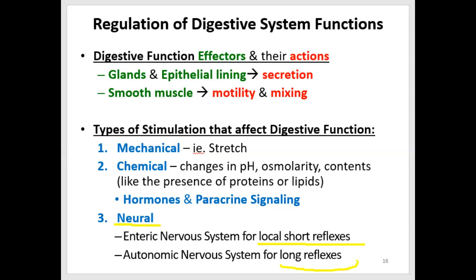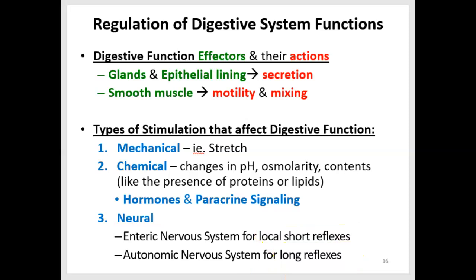The difference is whether or not the central nervous system will be involved. So a local reflex would be something is sensed in the digestive tract and the digestive tract responds on its own. A long reflex, which I'll talk about again, is first, of course, sensory input is received by the digestive tract, ultimately sent to the central nervous system, and the autonomic nervous system responds.